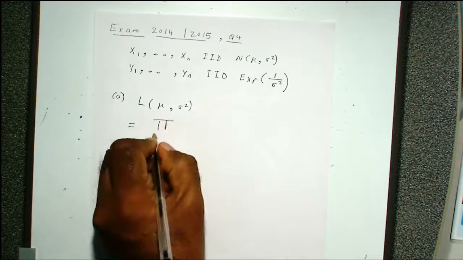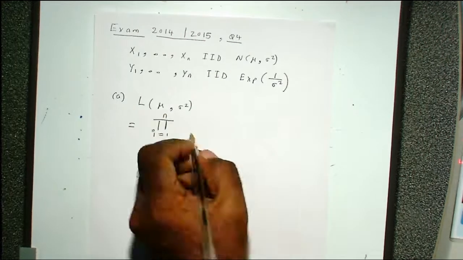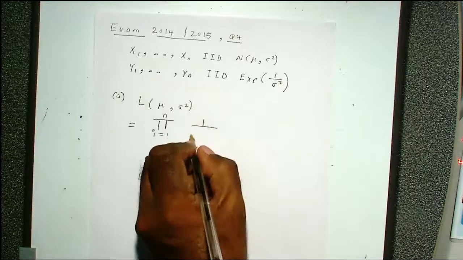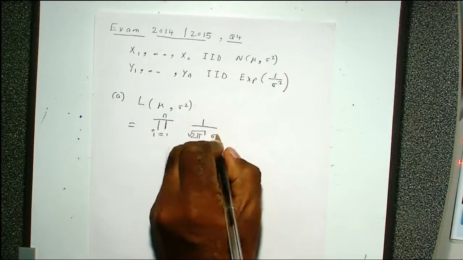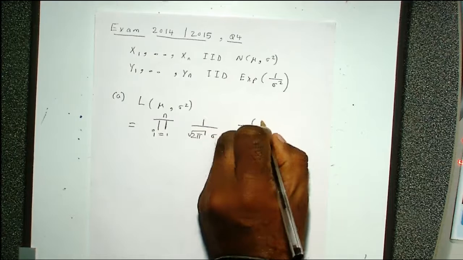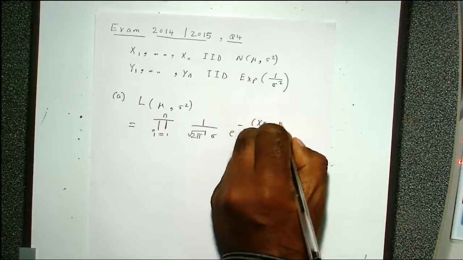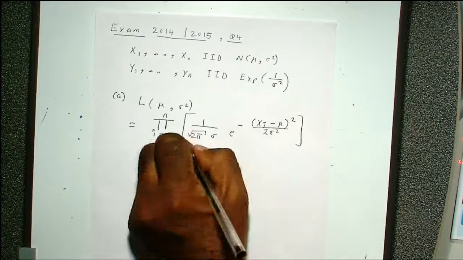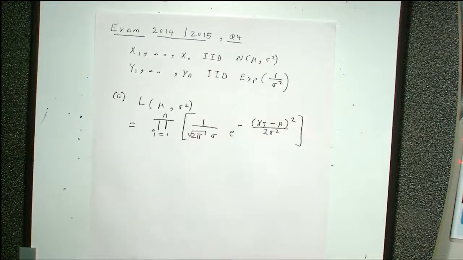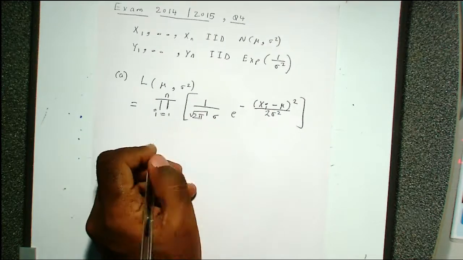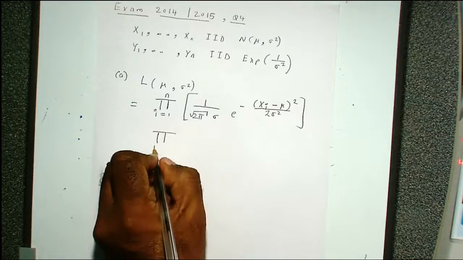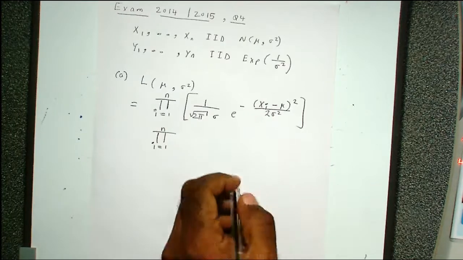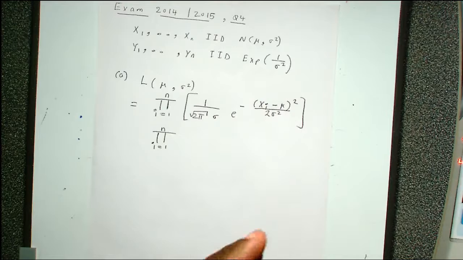What you do is you write down the likelihood for the first sample, which is this, and then you write down the likelihood for the second sample, which is the PDF of the exponential distribution.